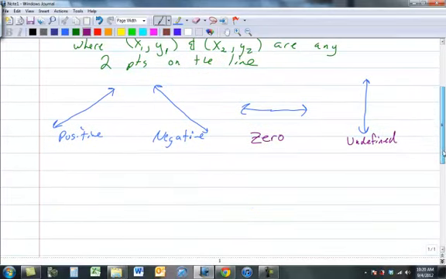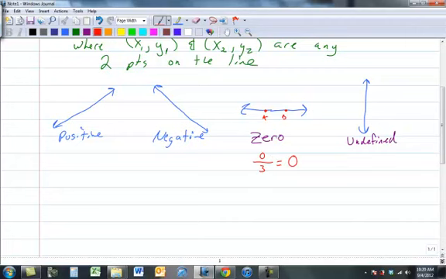I'll tell you a little bit about why now. Check out the 0 slope. To get from point A to point B, what's our change in y? What's our rise? It's none. And our run, let's say, is 3 units. If you use your calculator, 0 divided by 3 is indeed 0.